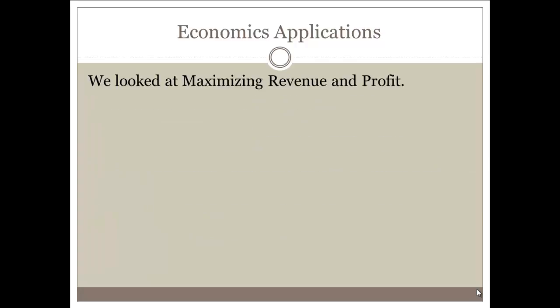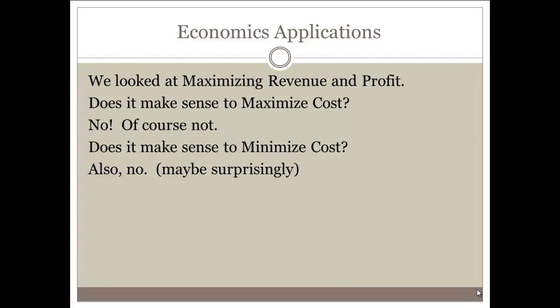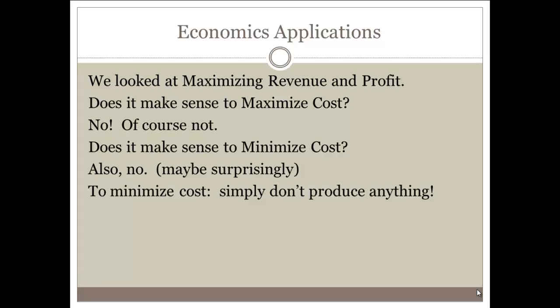So far, we looked at maximizing revenue and profit. But what about cost? Does it make sense to maximize cost? No, of course not. Does it make sense to minimize cost? Also no, which might be surprising. The reason is, to minimize cost, simply don't produce anything.